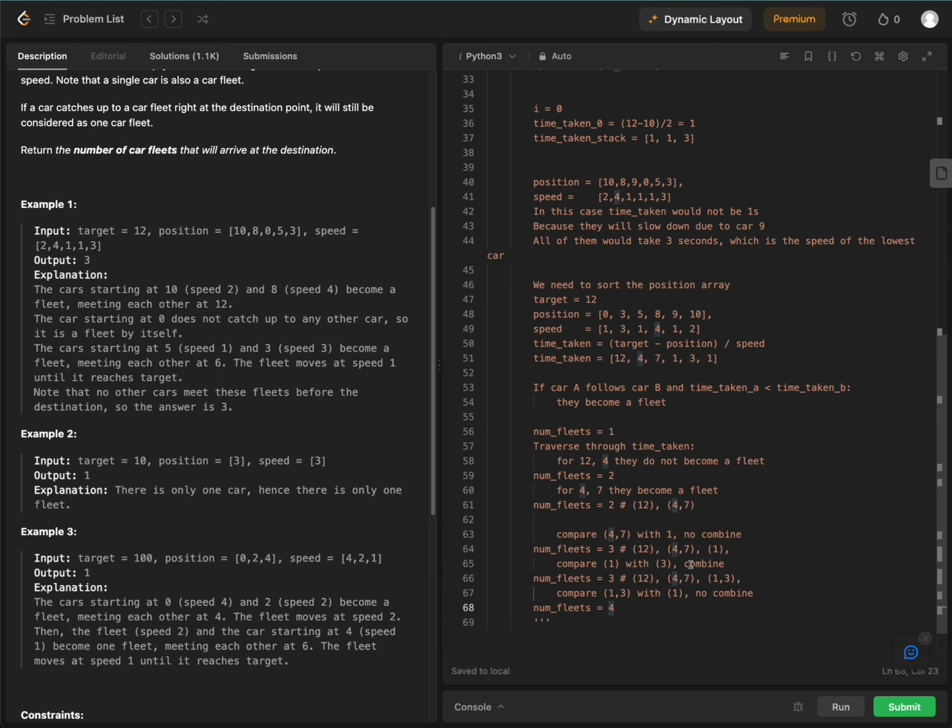Essentially, the logic for this question is incorrect because we are not able to traverse the array from the front to the back. I probably would have gotten it correct if I had traversed the array from the back to the front, right?